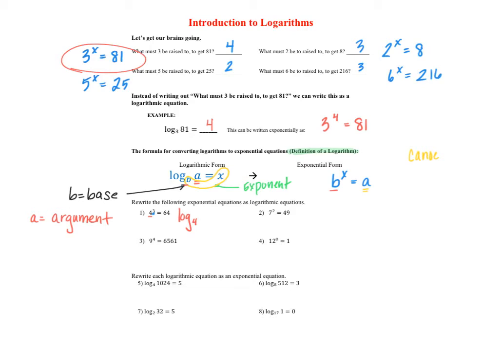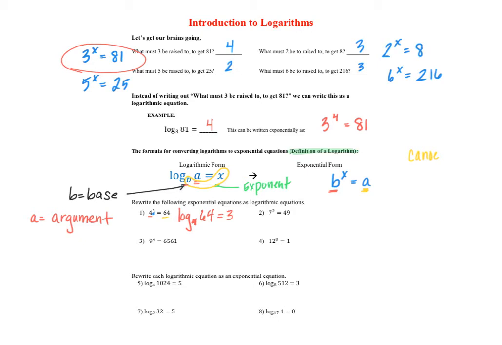My a here, my argument, is going to be my 64. And again, my exponent is going to go alone. So the b, the base of the exponential expression, is the base of my log. My exponent 3 is what my log equals, and that value on the right side is my argument.